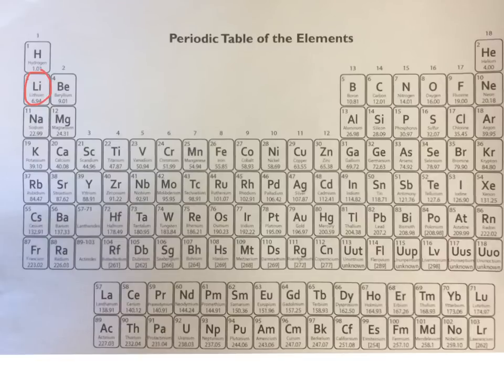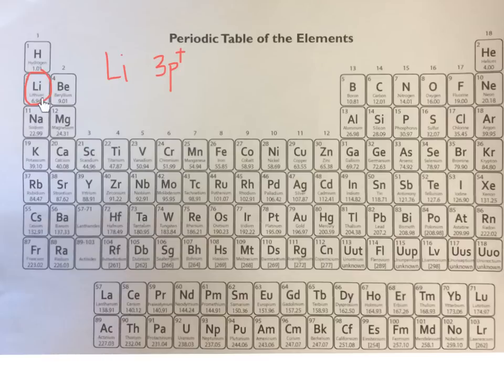So for example, lithium. So what number is lithium on the periodic table? So lithium is number 3. So if lithium is number 3, that means it has 3 protons, okay? It has 3 protons. Now, lithium has 2 choices.